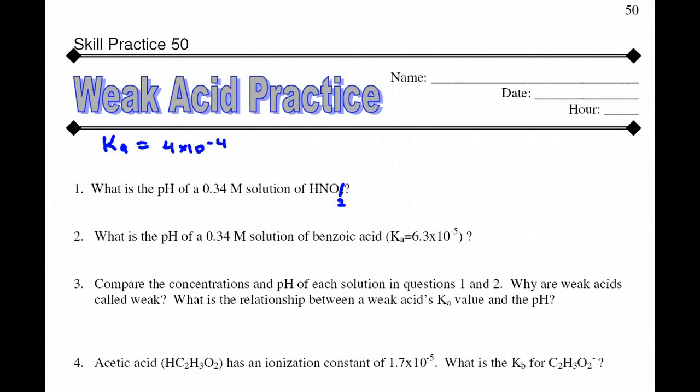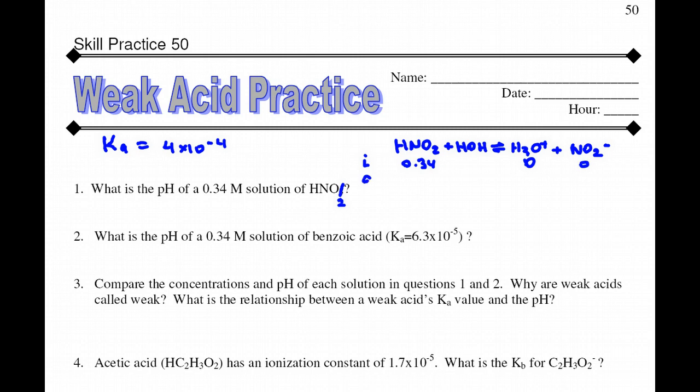So now we need to figure out the molarity of the H3O plus so that we can figure out the pH. So we need to do an ICE table. HNO2 plus HOH gives you H3O plus and NO2 minus. The initial molarity of HNO2 is 0.34, and of H3O plus and NO2 minus it's 0.